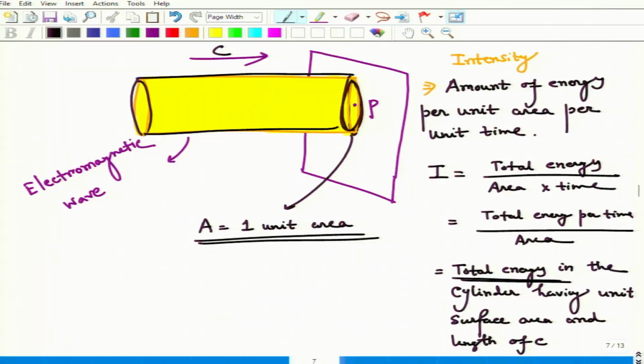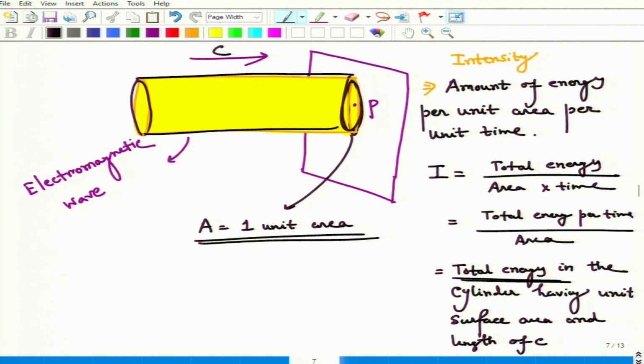So we have considered a cylinder from that electromagnetic wave which has the unit surface area. The cylinder has length c and unit surface area 1. Then the total energy stored in that cylinder should be the intensity of that electromagnetic radiation, right?